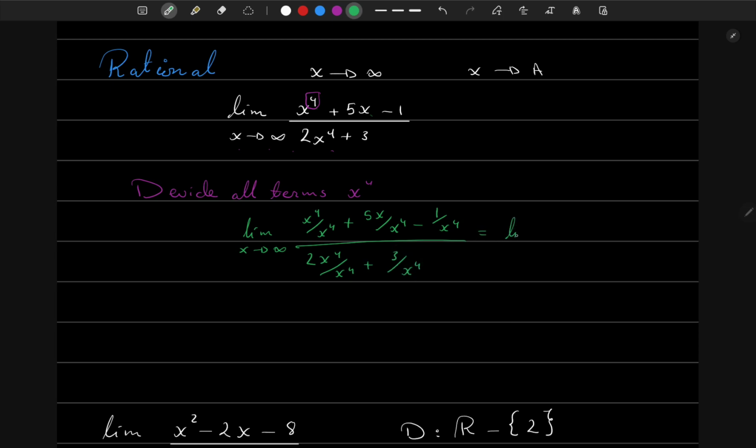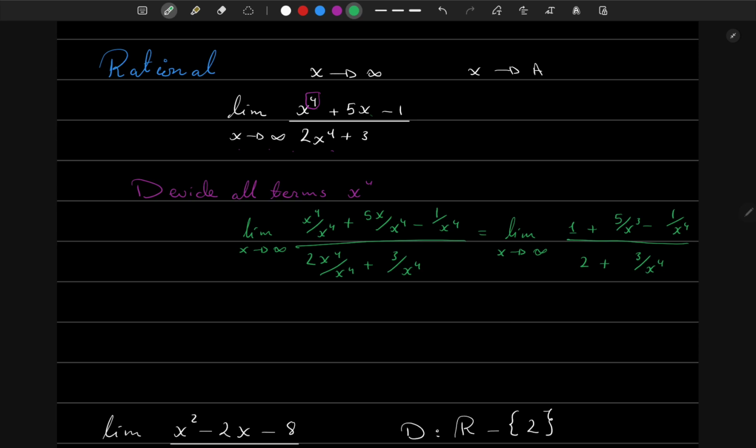And this equals the limit when x approaches infinity of 1 plus 5 over x to the power of 3 minus 1 divided by x to the power of 4. All of this is divided by 2x to the power of 4 by x to the power of 4. This equals 2 plus 3 by x to the power of 4.